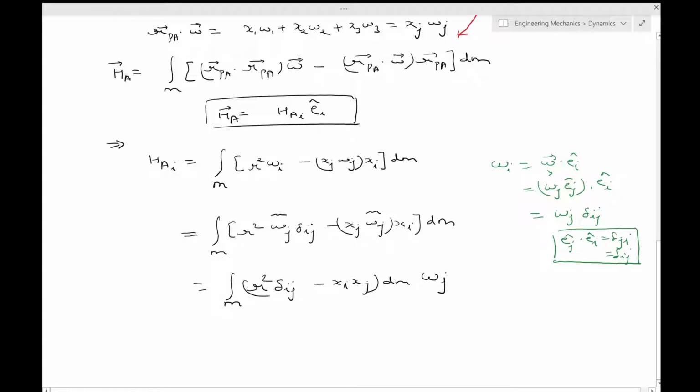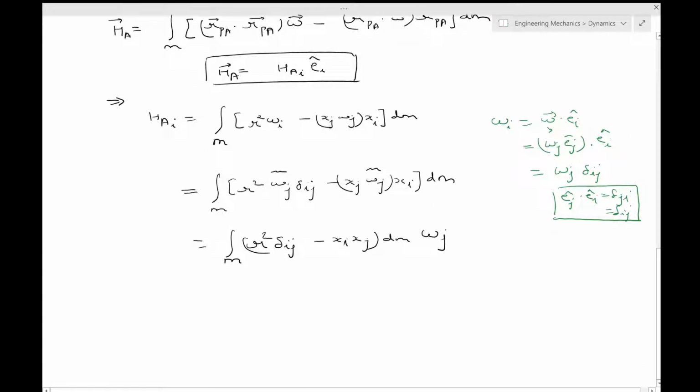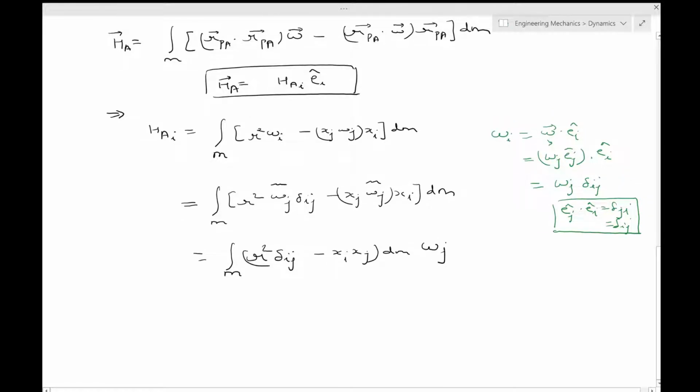Okay, now this is xi. Okay, now we have to define Iij about A is equal to m r square delta ij minus xi xj dm.